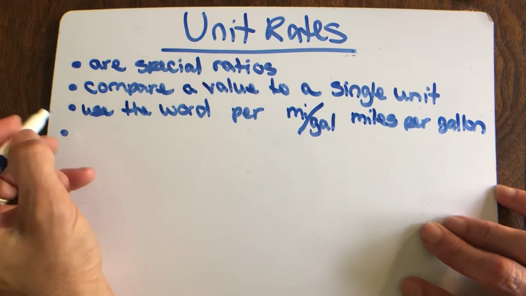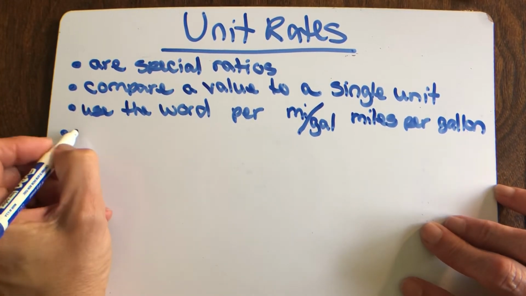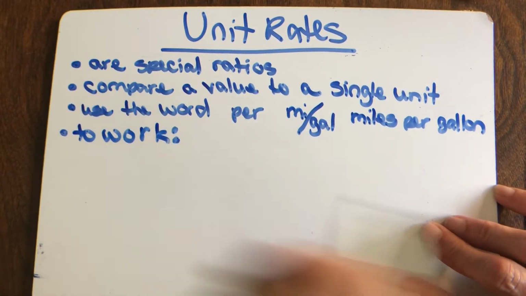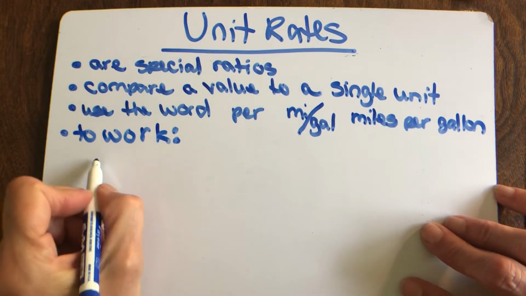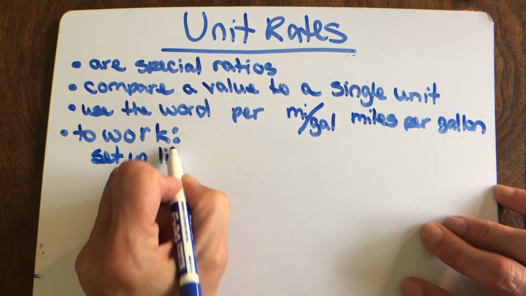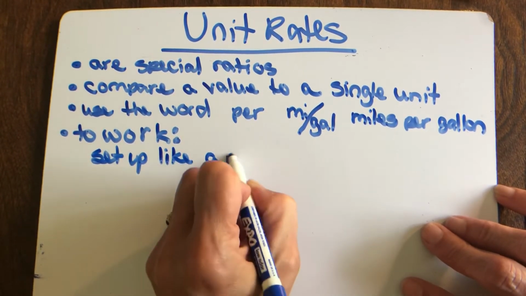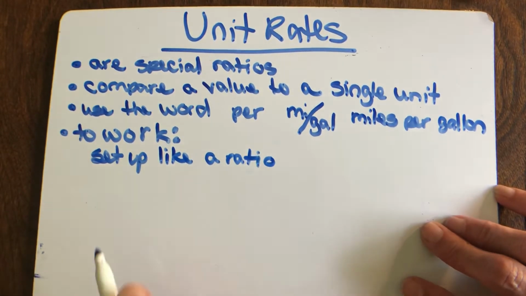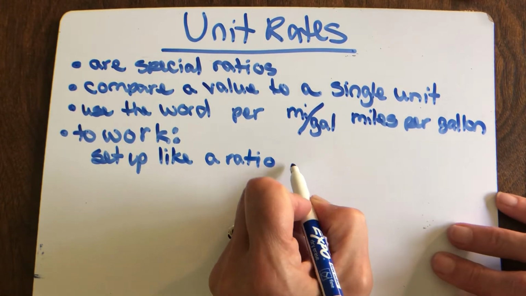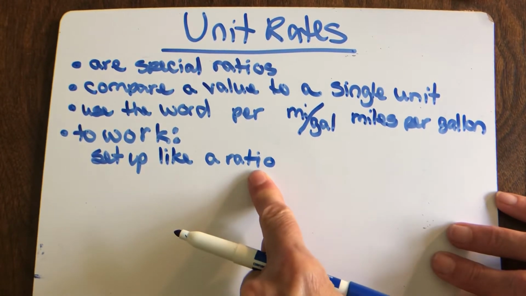Now, to work these, we want to set them up like a ratio. And that means in this case, I'm going to say draw your fraction line. Now go back and watch my ratio video. I'll talk about that.